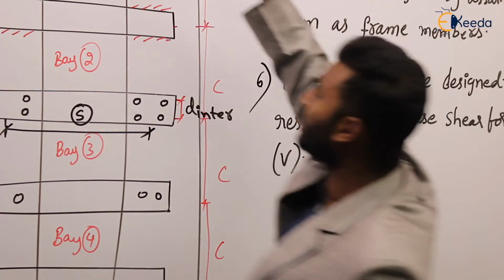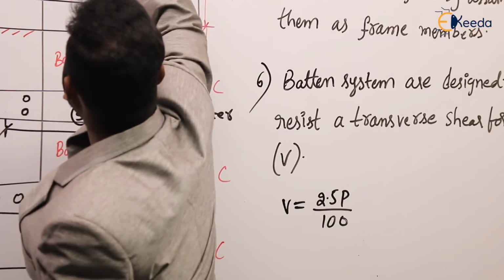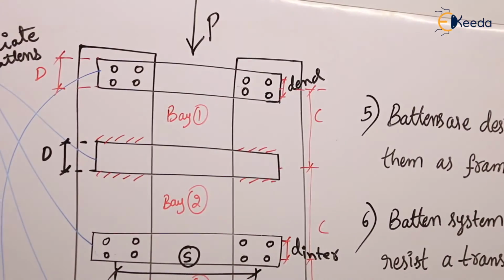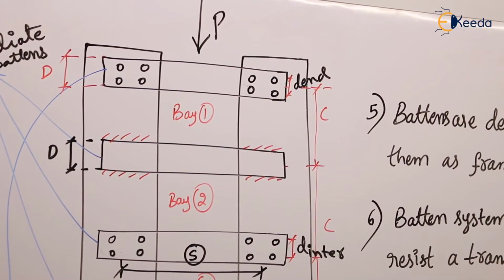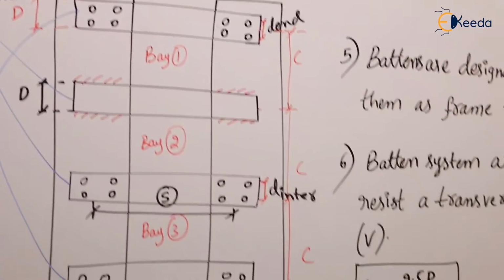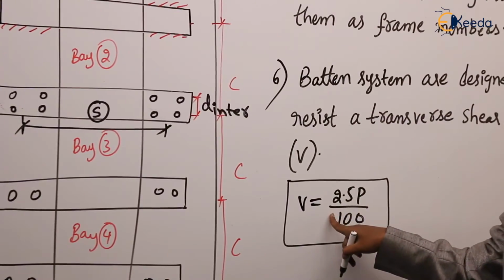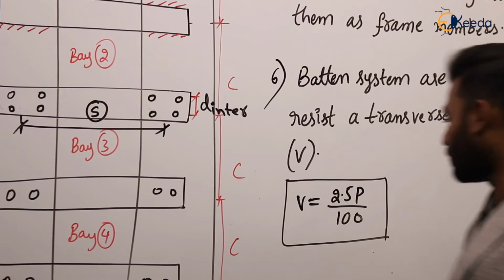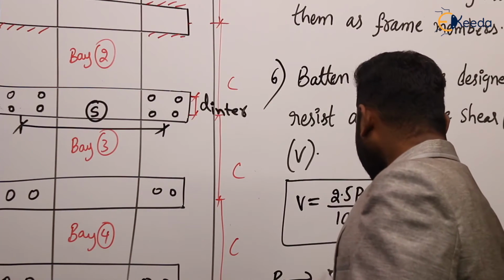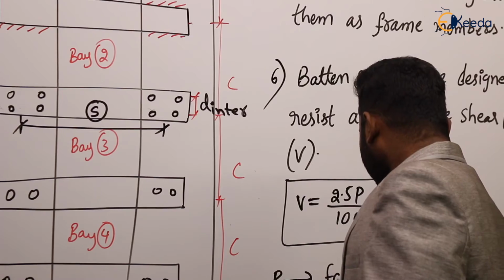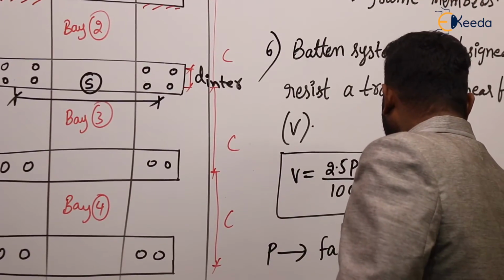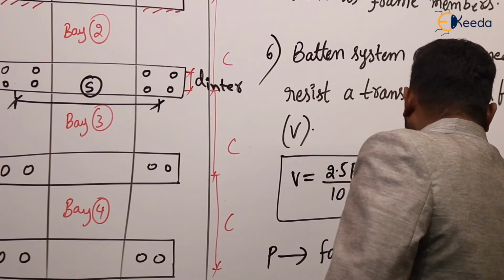It means this column is subjected to a load of P, okay, column load of P. Now we have to design the total batten system for a transverse shear force of 2.5% of the total axial load or column load. So P is nothing but the factored design column load.